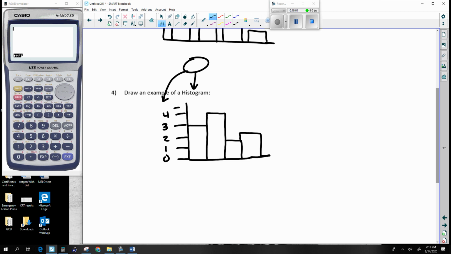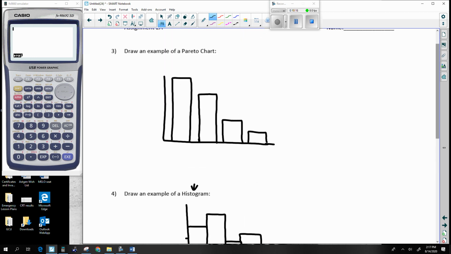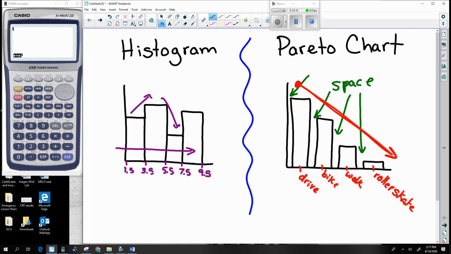If you want a relative frequency, then they're going to have to be decimals and things like that. So when you're identifying it, like on the big test, just pay attention to what the side numbers are as well. But right now, I'm pretty happy with you guys just understanding generally what a histogram and a Pareto look like.